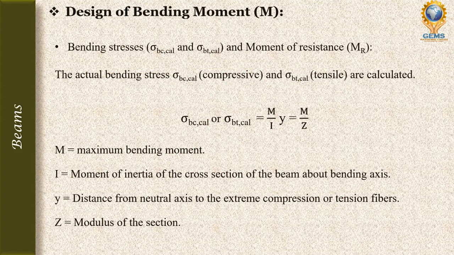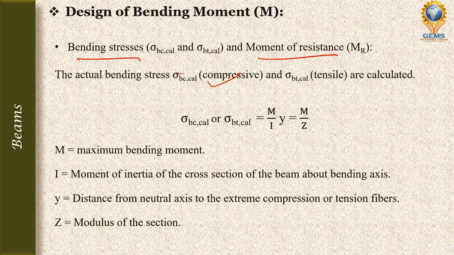Design for bending moment. Under the design for bending moment, we will find the bending stresses and the moment of resistance. How do we find the bending stresses? The actual bending stress, sigma BC, is in compression.